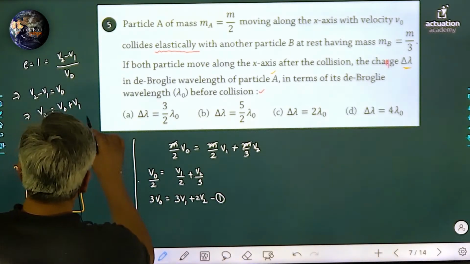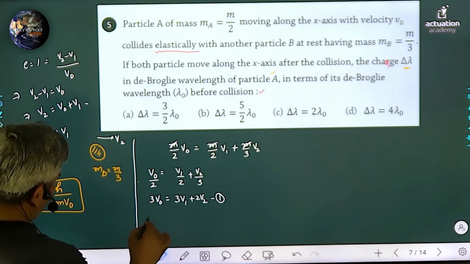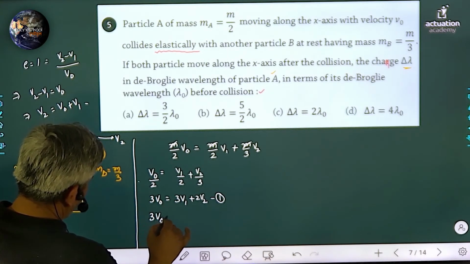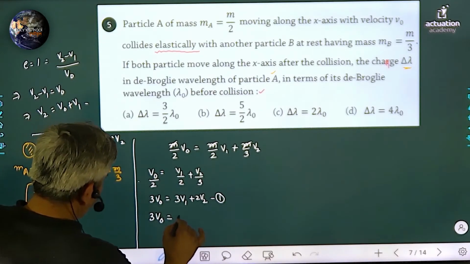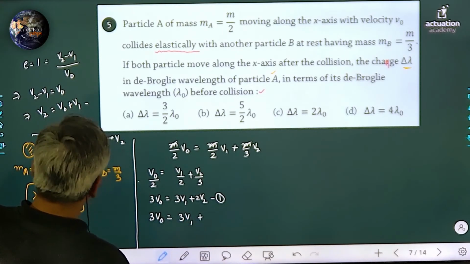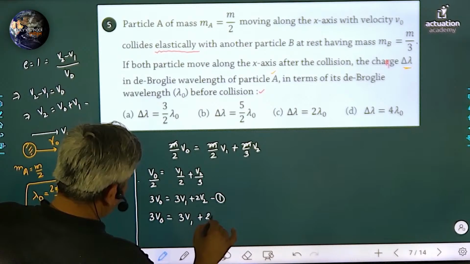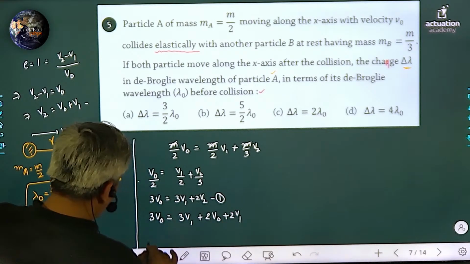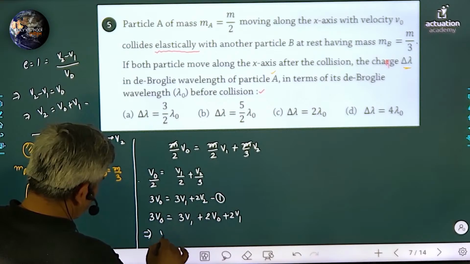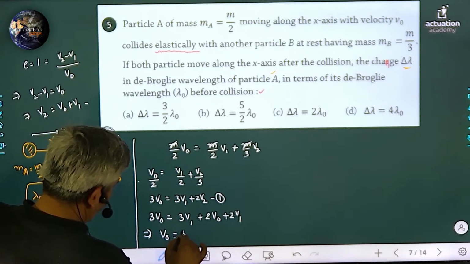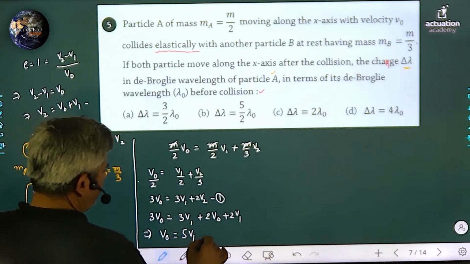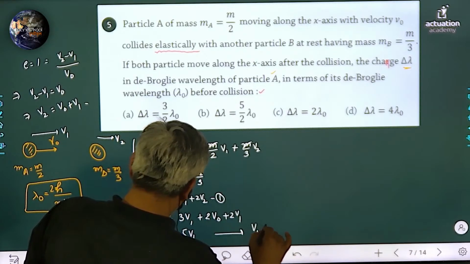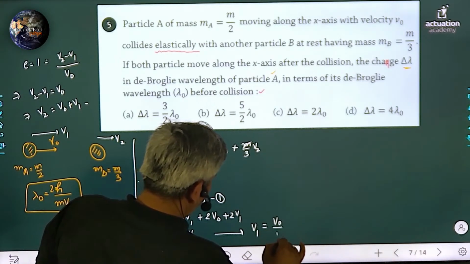So putting that in equation number 1, we'll be getting 3V0 is equal to 3V1 plus 2 times of 2V0 plus 2V1. Okay, so this will give us V0 is equal to 5V1, and from here V1 is V0 by 5.